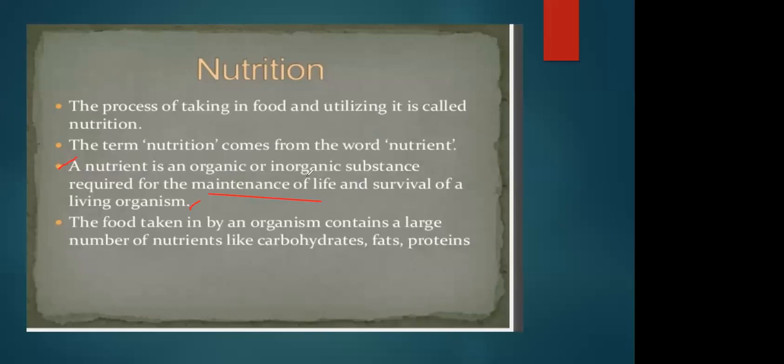So food, which is very important, is a kind of energy substance which gives energy to the living organisms. And the food taken by organisms contains a large number of nutrients like carbohydrates, fats and proteins.